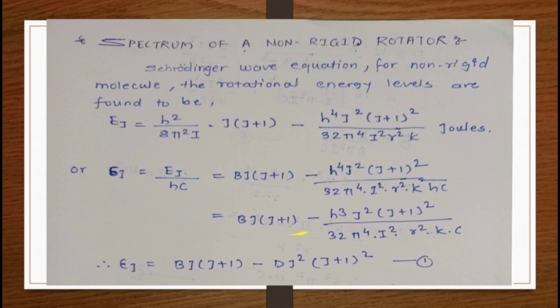E_J is equal to this term as it is, BJ(J plus 1) minus D J square (J plus 1) whole square. So what is equal to D? D is equal to h cube divided by 32 pi raised to 4 I square r square k into c. This is the value of D. So just write the equation like this, and this is our first equation.